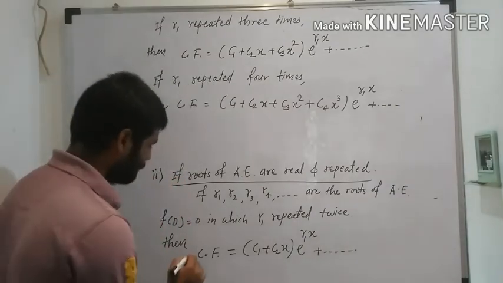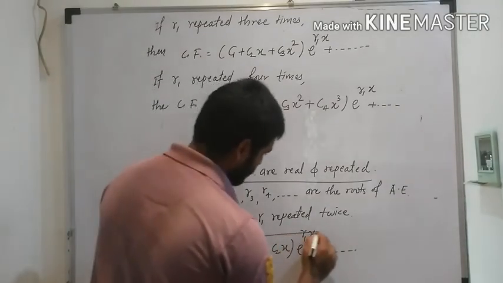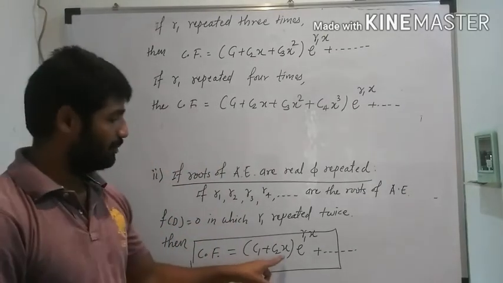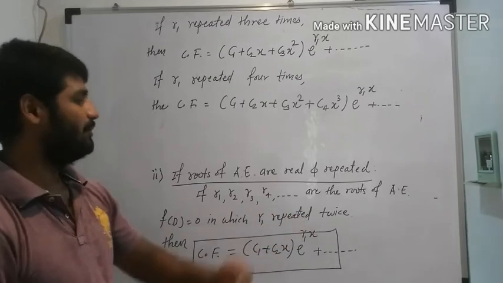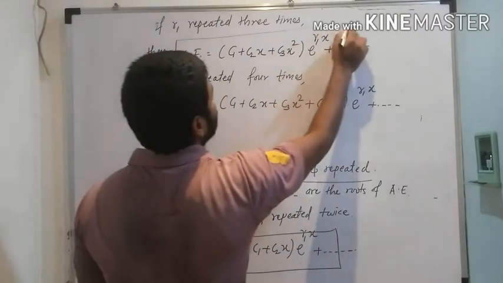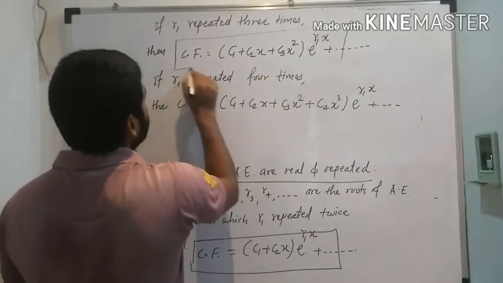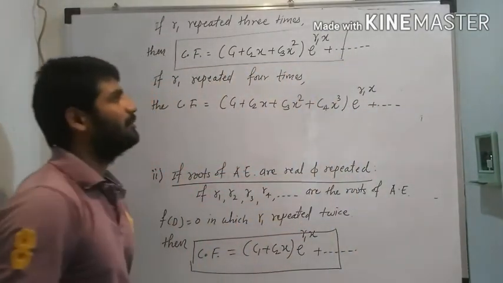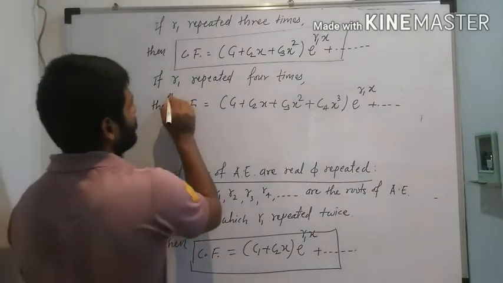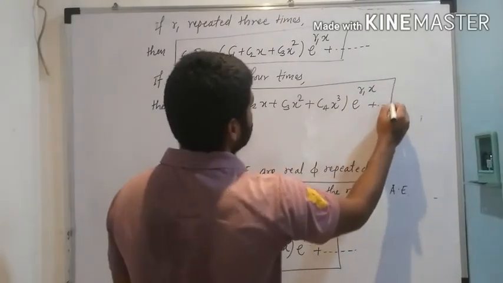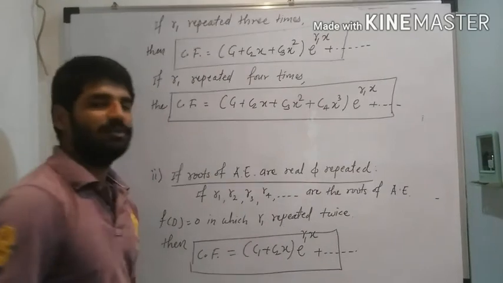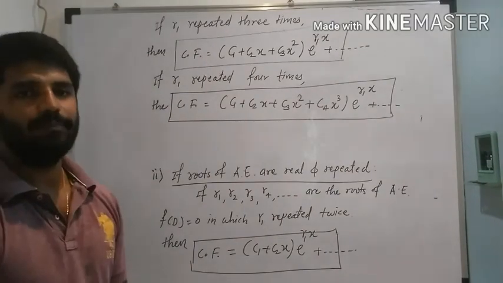So like that, if R1 is real and repeated twice, then we write the complementary function as (C1 + C2 x) e raised to R1 x. If repeated three times, then (C1 + C2 x + C3 x square) e raised to R1 x. And if R1 is repeated four times, then (C1 + C2 x + C3 x square + C4 x cube) e raised to R1 x.